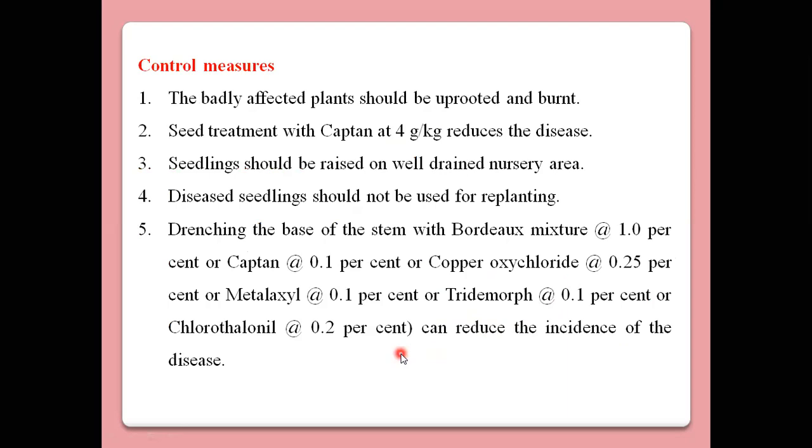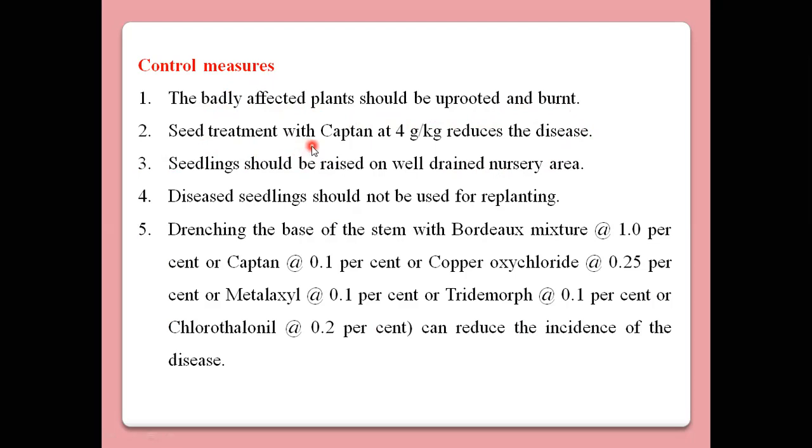So this is some information about the foot rot or stem rot of papaya. Then, how to control this disease, by chemical methods, cultural methods or any other methods. The first management point is that badly affected plants should be uprooted and burned.